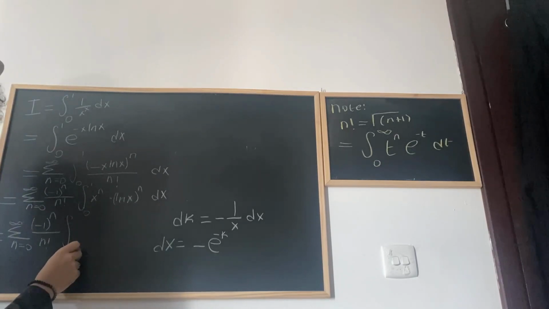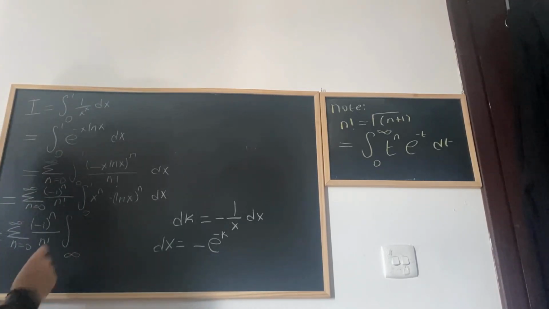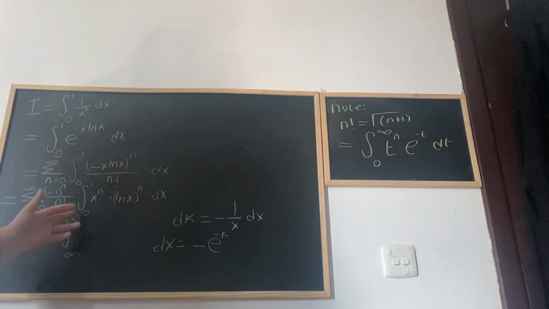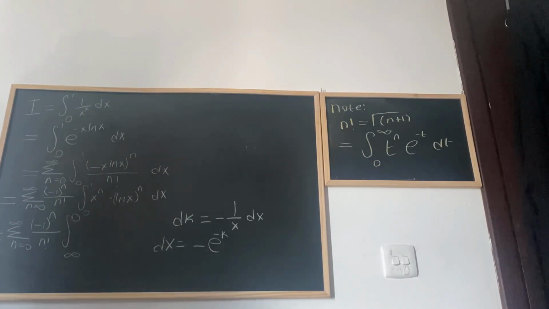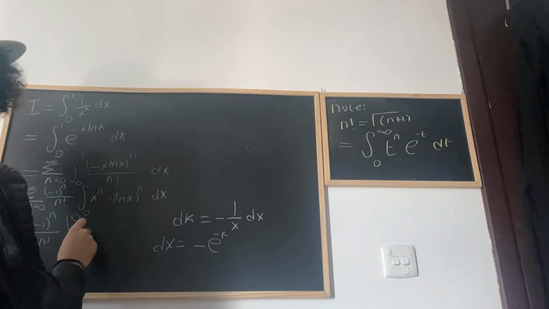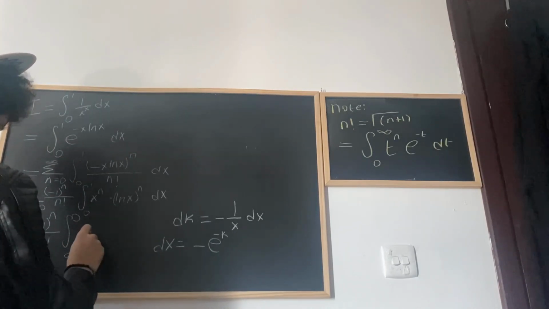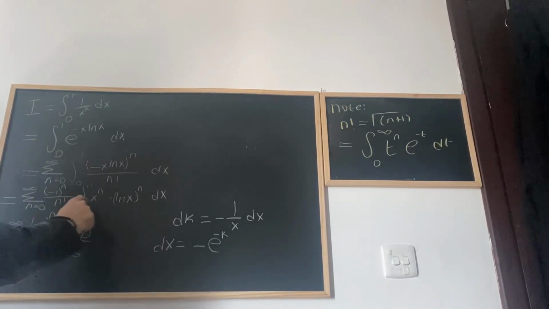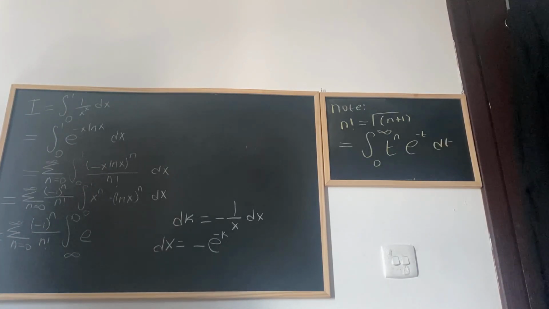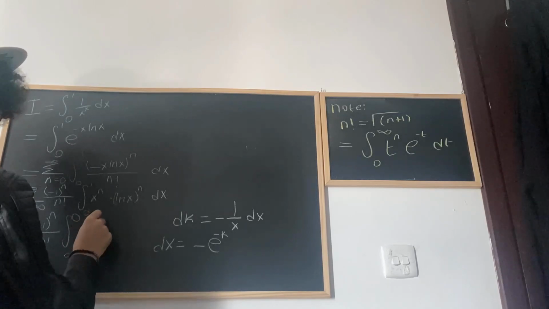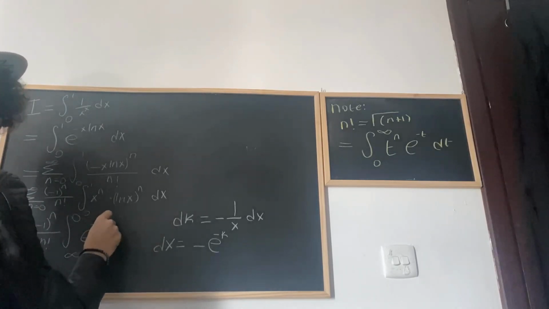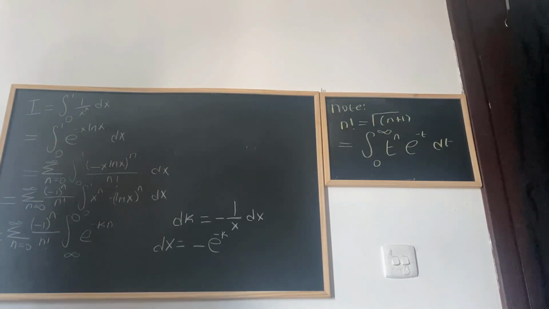We said that when x equals 0, k will equal infinity, so from infinity, and when x equals 1, k will equal 0, so from infinity to 0. Of what? Remember, we said that x equals e to the power of negative k. So let's do e to the power of negative k, to the power of n, which is just negative kn. So we can write that, right?